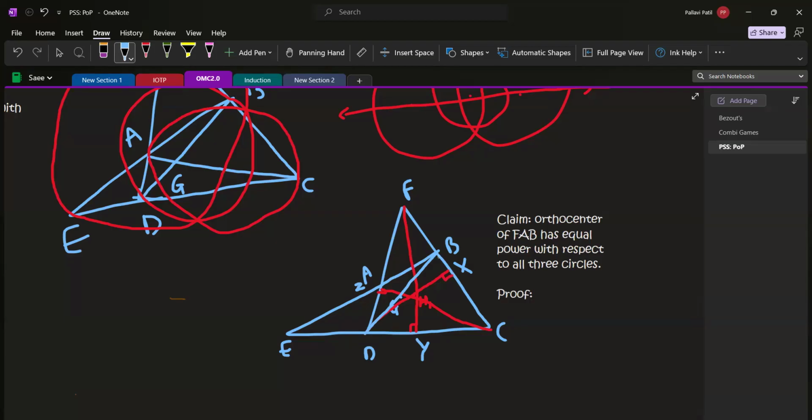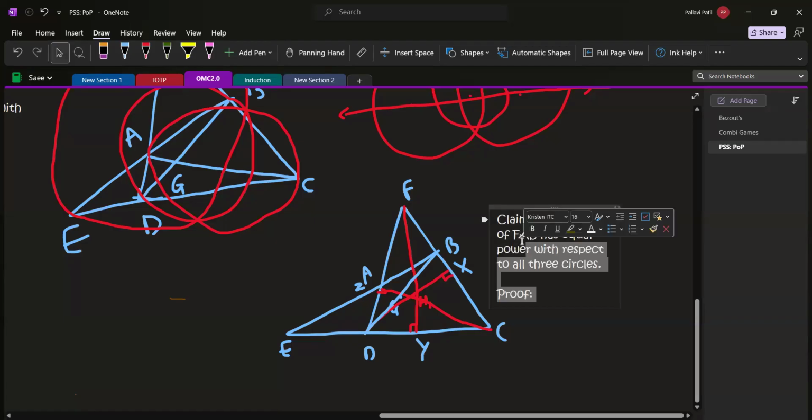That's because angle DXP is 90 by definition because it's the orthocenter. So we know that DX is going to be a chord passing through H that lies on the circle with diameter BD. So what is the power of H going to be with respect to the circle with diameter BD?